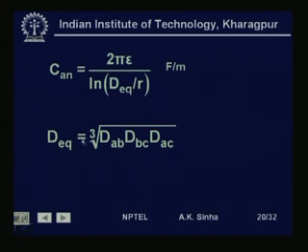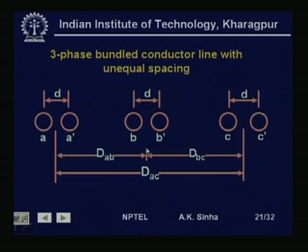So, DEQ is equal to the cube root of DAB into DBC into DAC. This is what we had seen in the earlier lecture on 3 phase line, that is in lesson 4.